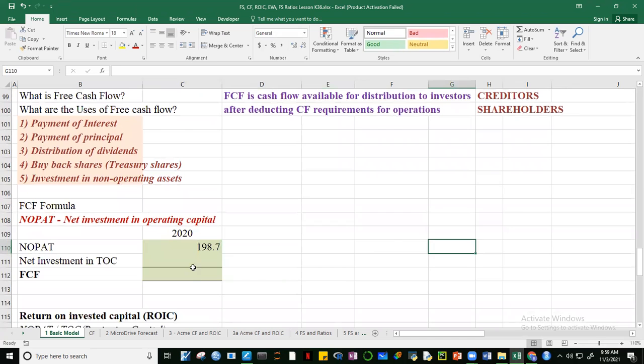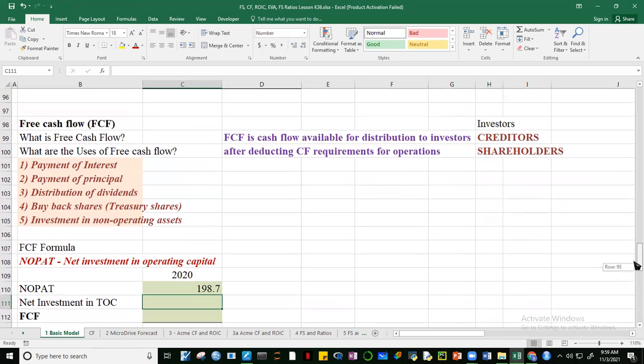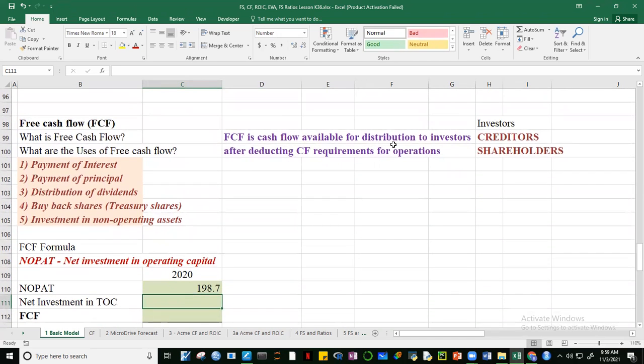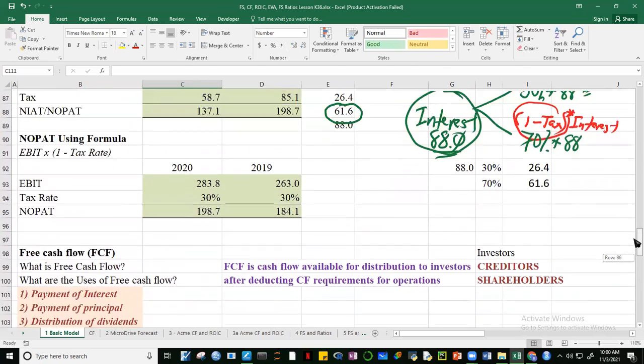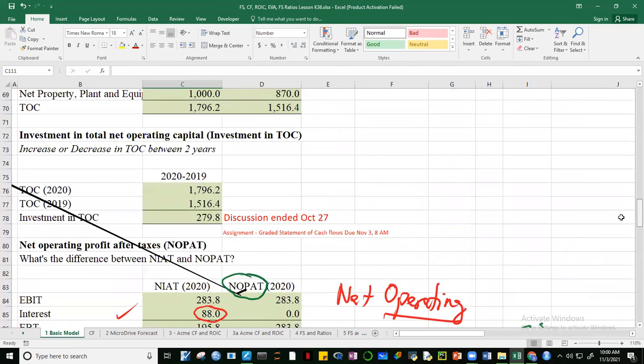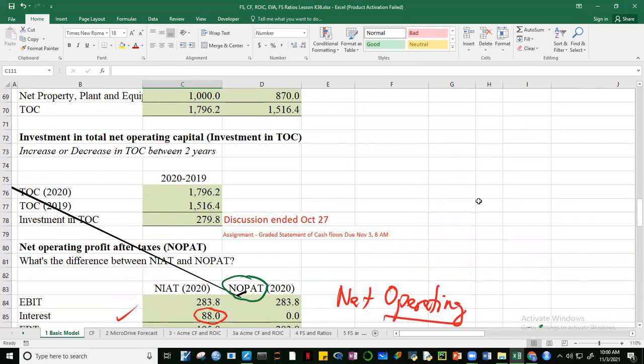And then take note, guys, we said, what's free cash flow? It's cash flow available for distribution to investors after deducting cash flow requirements for operations. During 2020, what was the cash flow requirement for operations? We can find it here in the net investment in operating capital.